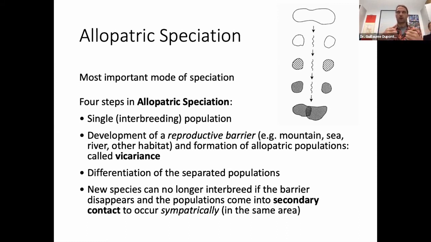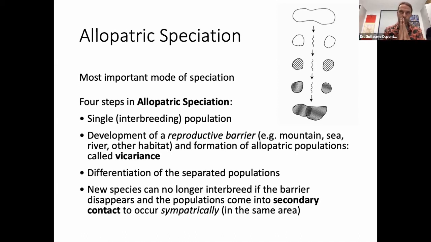So they are isolated from each other and evolve independently. The barrier at some point can disappear, and the two populations can come together again, which we call then secondary contact. And they can even occur sympatrically. That means after they have diverged, they can occur in the same area.